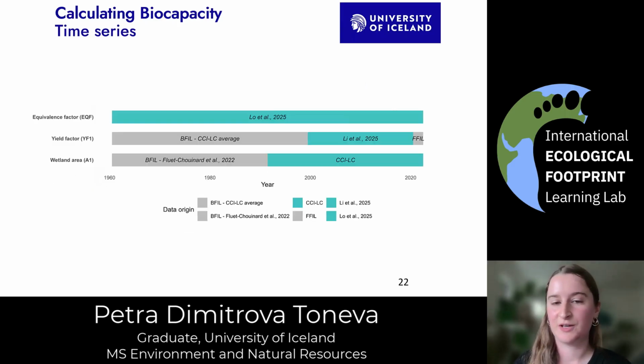And because our area dataset is only available from 1990 onwards, I used a global wetland reconstruction to extrapolate backwards, and I calculated a yearly loss rate from this reconstruction that I applied to my last available year up to 1961.